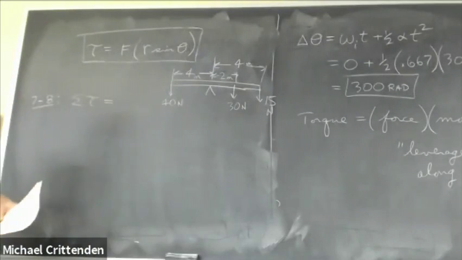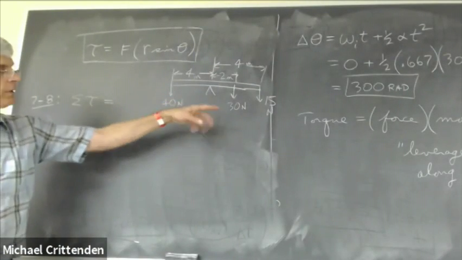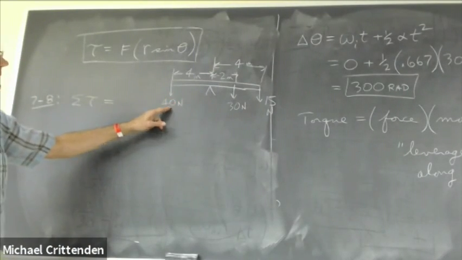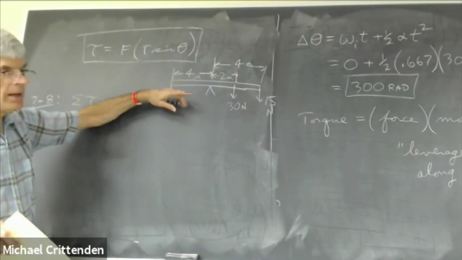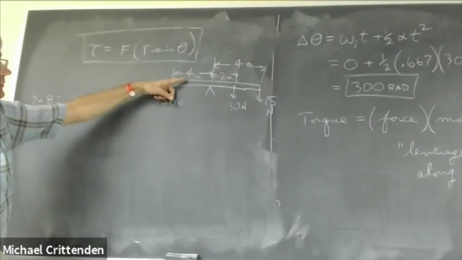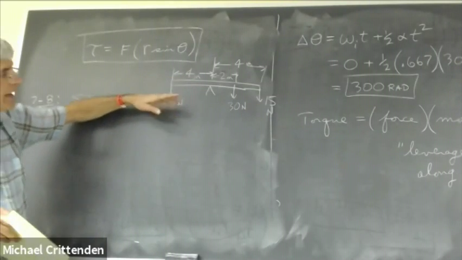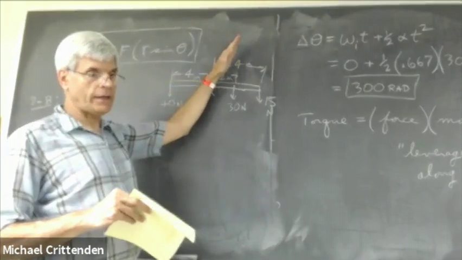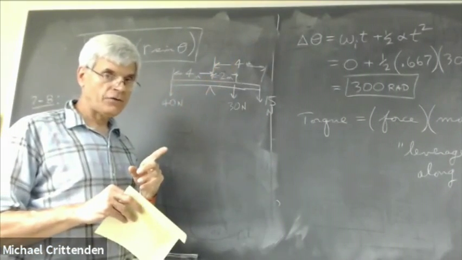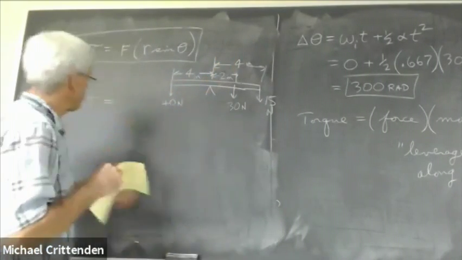Okay, so I'll just start here and work my way along. 40 newtons times 4 meters, force times moment arm. If that was the only force acting, it would make the seesaw rotate this way. Counterclockwise is positive, so that term gets a plus sign.